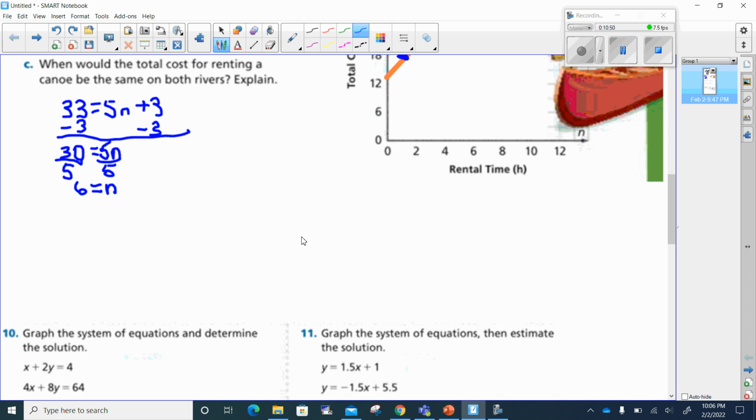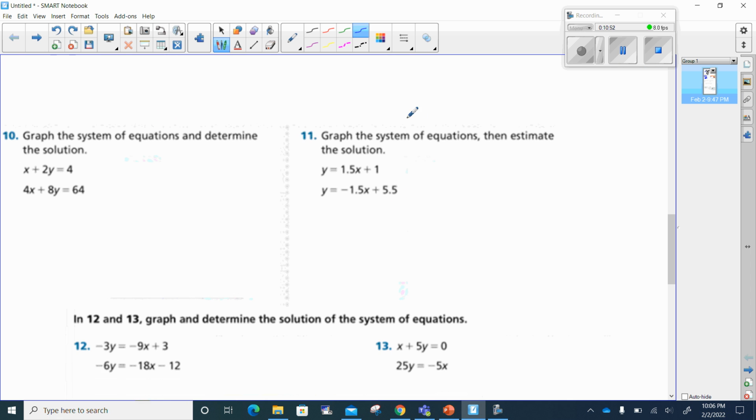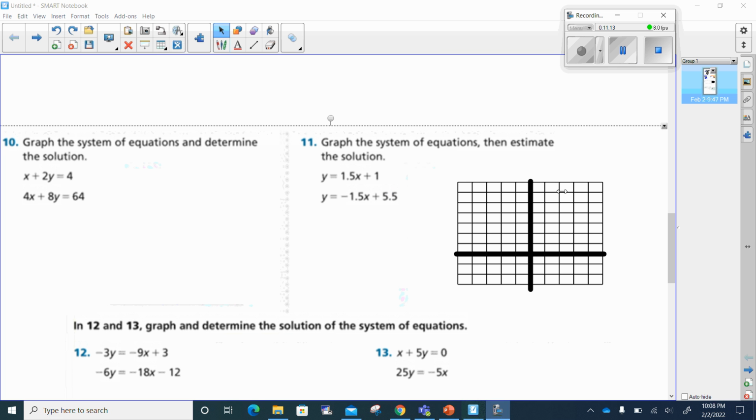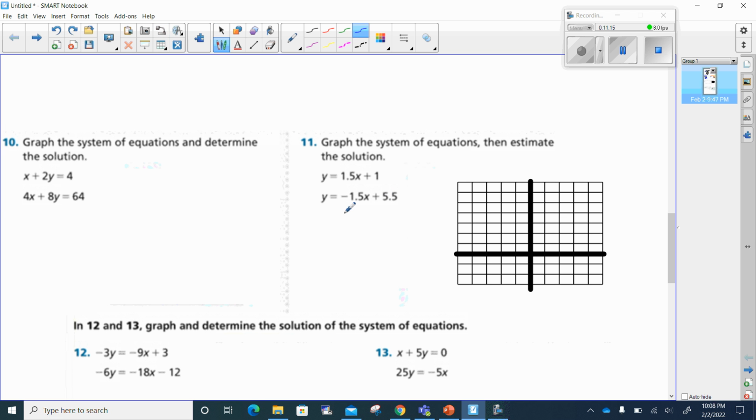I'm going to number 11 now. Graph the system of equations and estimate the solution. If I estimate the solution, remember, if y equals this and y equals this, then I can find, it says graph the system, so I'm going to have to graph this. Let me go ahead and grab a graph. All right, now that I got a graph here, let's go ahead and do this.